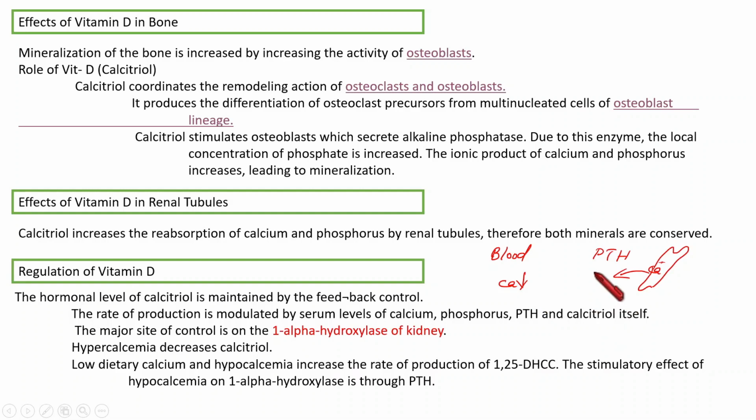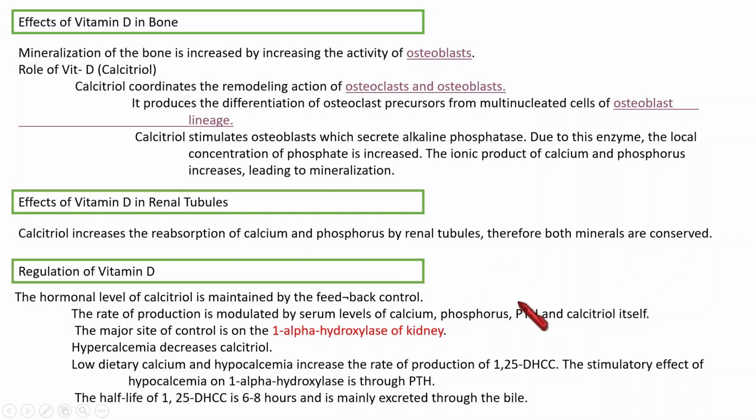So that is an indirect indication that calcium needs to be reabsorbed. So in response to high level of parathyroid hormone, this 1 alpha hydroxylase is synthesized, and it can mediate the synthesis of vitamin D. That is the way vitamin D is synthesized when the body faces hypocalcemia. Okay.